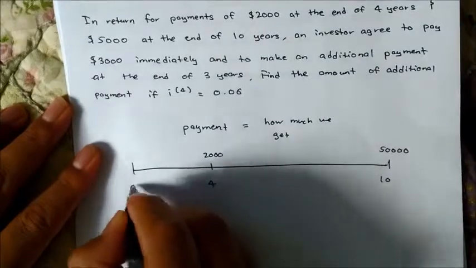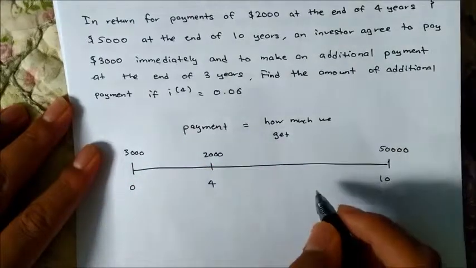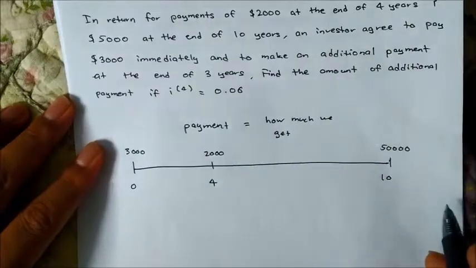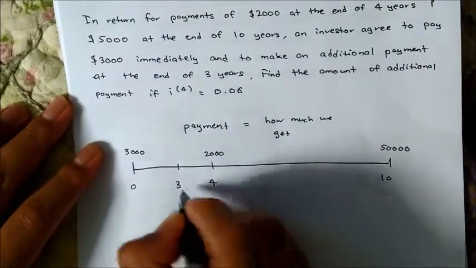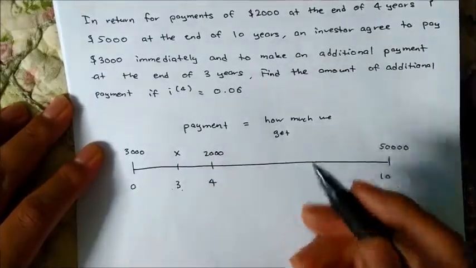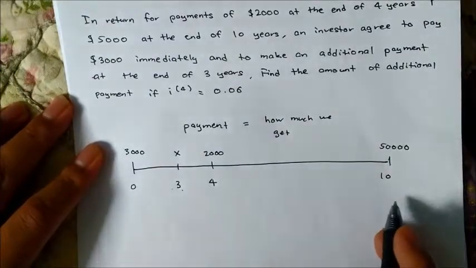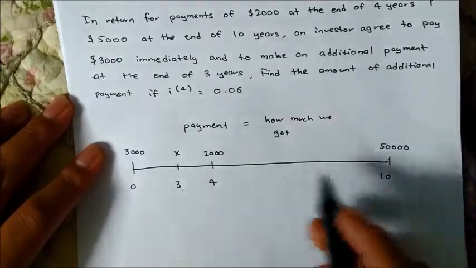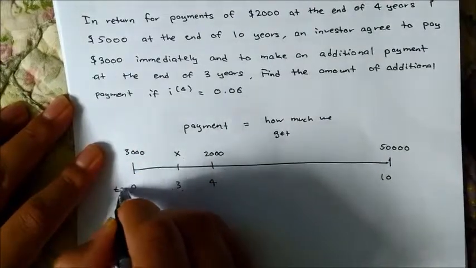And then the investor immediately pays at t0 $3,000, and an additional payment must be made at the end of 3 years, which means at t equals 3, there is an additional payment which we denote as x. So we need to choose a focal point to calculate the value of x. I suggest that we use t equal to 0 as our focal point.